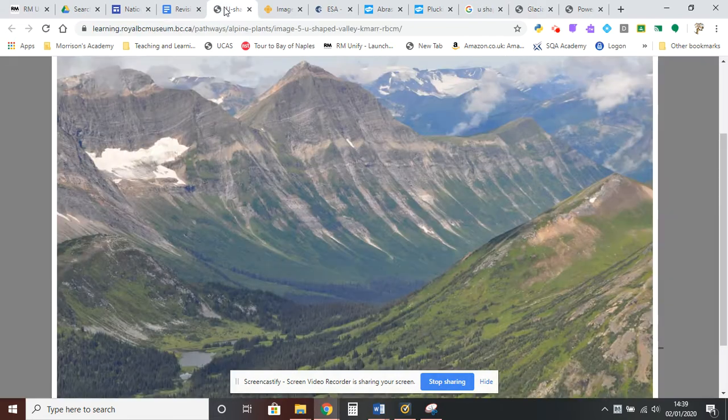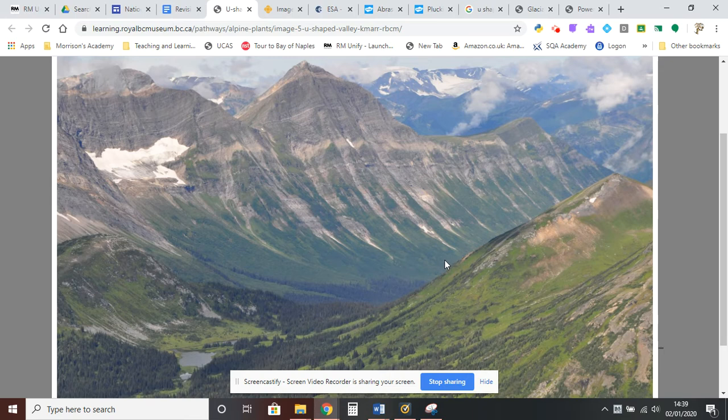So the very first point you're going to say when you're explaining the formation of the U-shaped valley, if you want to note this down now, is that a U-shaped valley is formed by a glacier which begins at the start of the Ice Age to move through a V-shaped valley, which was formed prior to the Ice Age by river erosion.